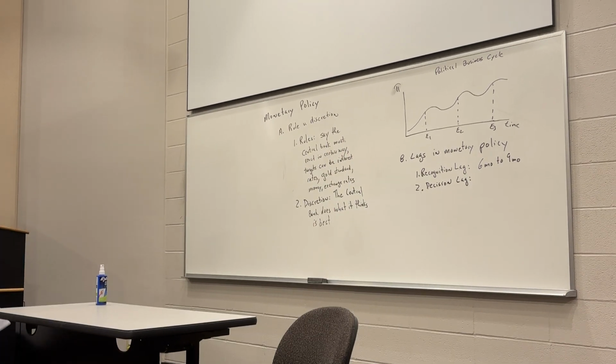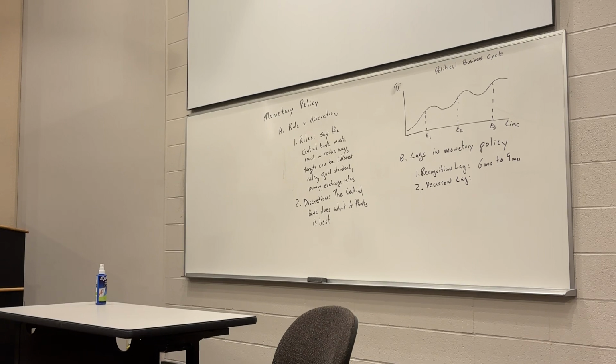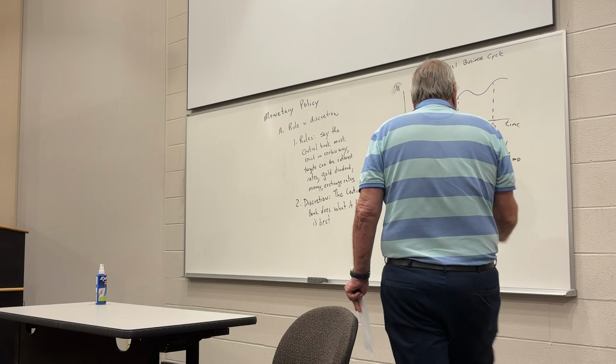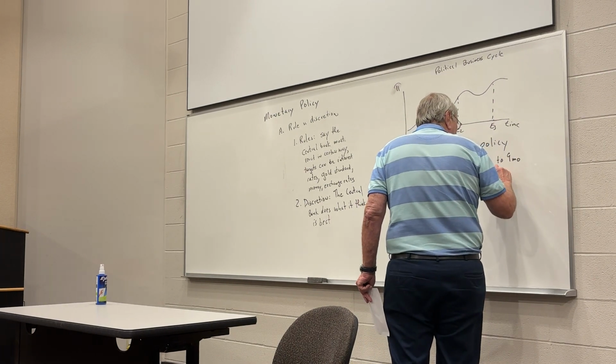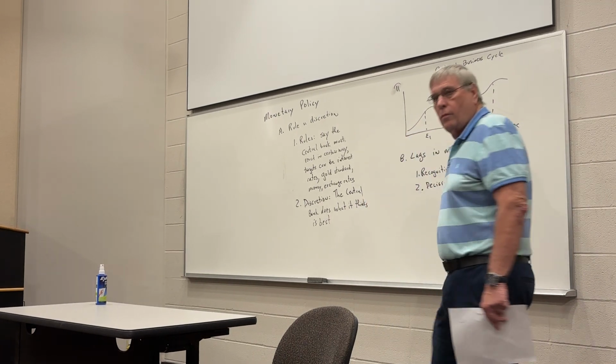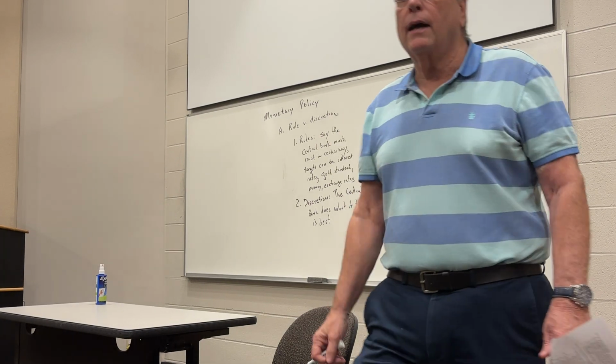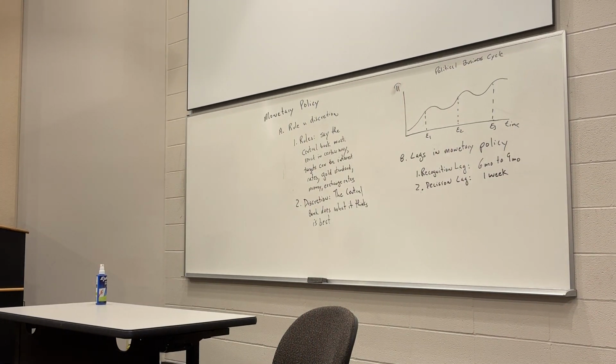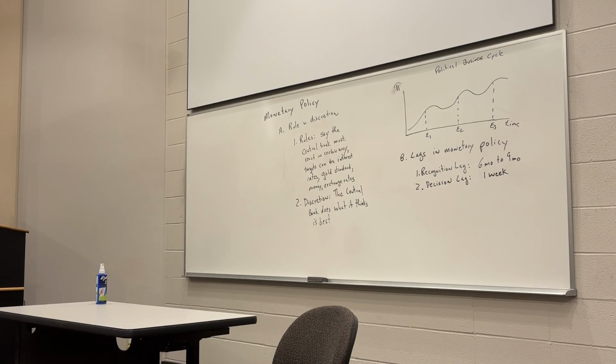How long does it take the Fed to decide to raise the discount rate or lower the discount rate or increase the monetary base, decrease the monetary base? It's pretty quick. Maybe 1 week. The Fed just goes out and does it. They get together, meet, the Federal Open Market Committee, the Board of Governors meet, they decide what they want to do.